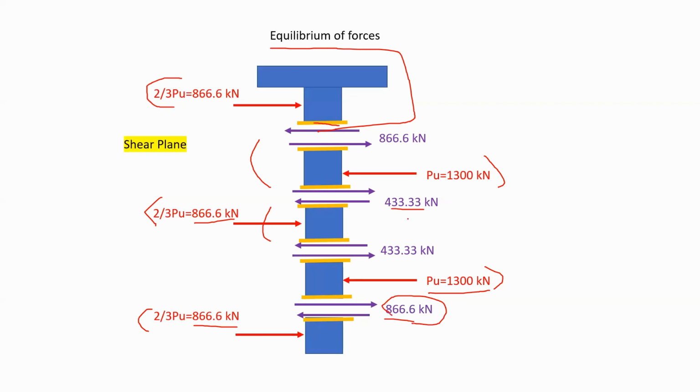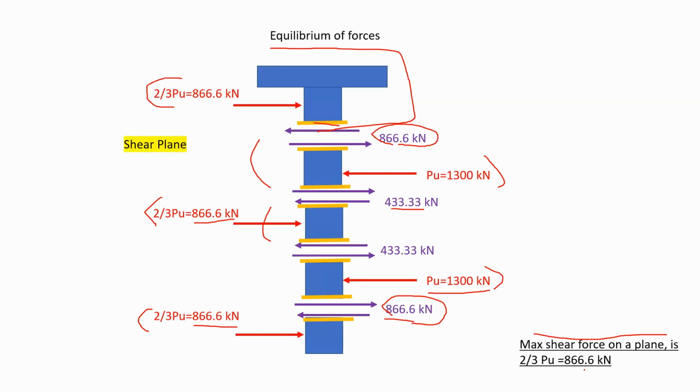We have 866 in here and 866 here. So it doesn't matter which one you choose, because I just need the maximum value of shearing force. So I'll proceed and consider that the maximum shear force on a plane of a bolt is 2/3 PU, which is 866 kilonewtons.